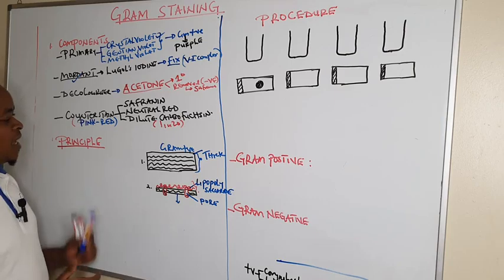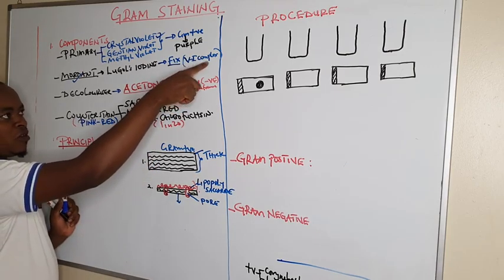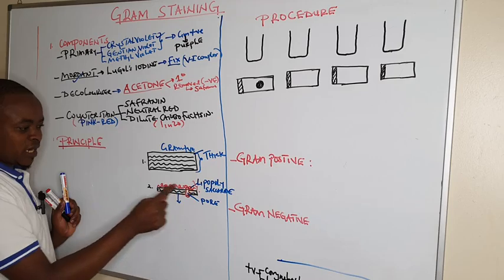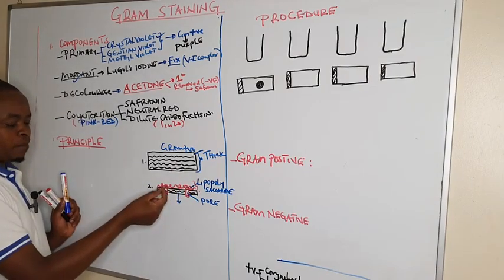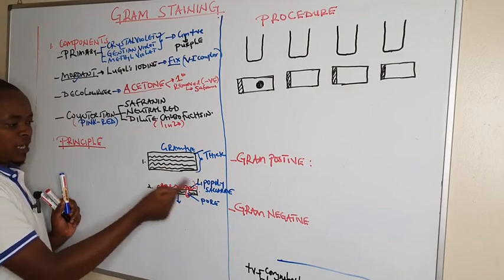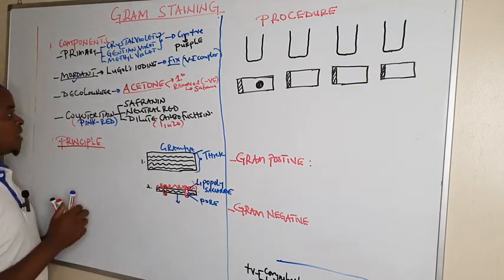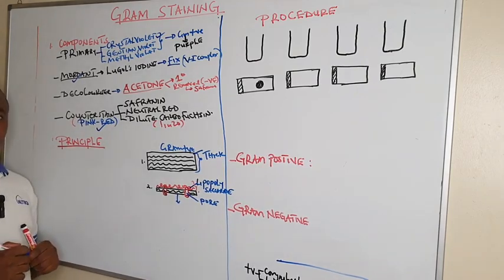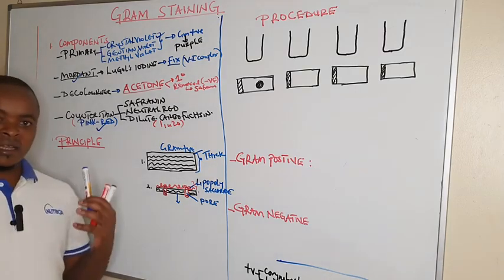So when we apply a decolorizer, it dissolves the lipopolysaccharide layer on top, creating pores in the peptidoglycan layer, and hence the violet iodine complex is lost, losing the purple color. So when we apply a counter stain, these organisms take pink to red color. That is what we can talk about as a counter stain.